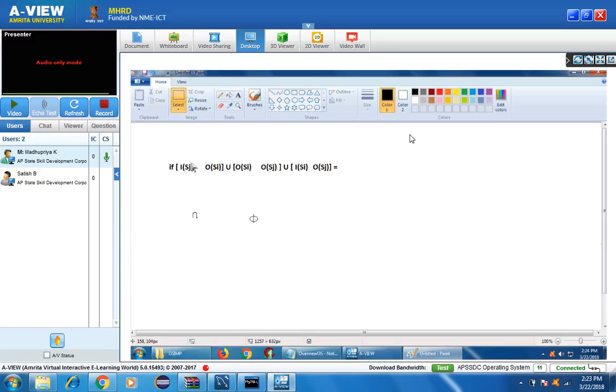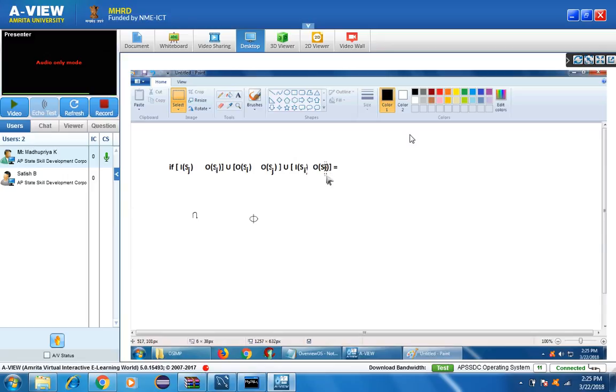Now, whichever variables we have, they will be like subscripts to S of J. This I also represents subscript to S of I. This J also represents subscript to J. And this I also represents subscript to this set of statements.